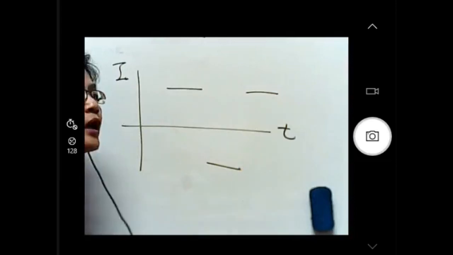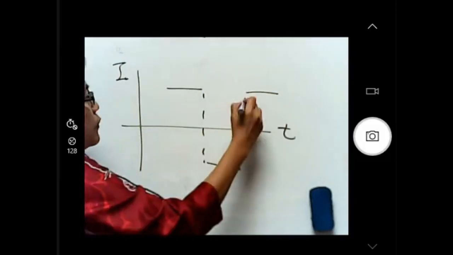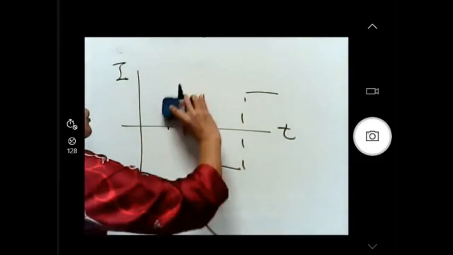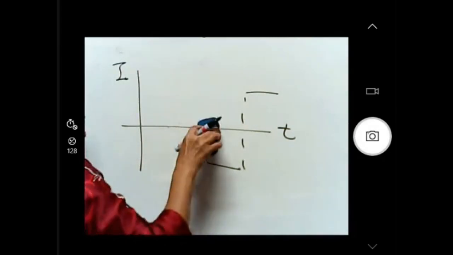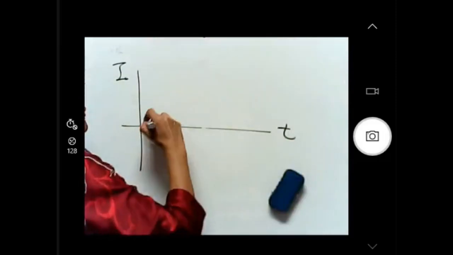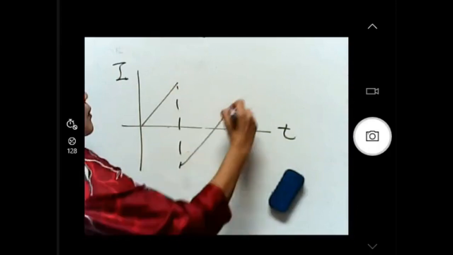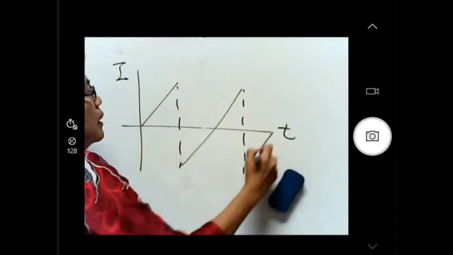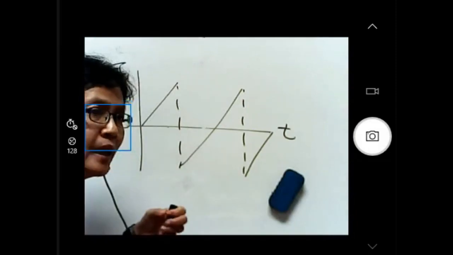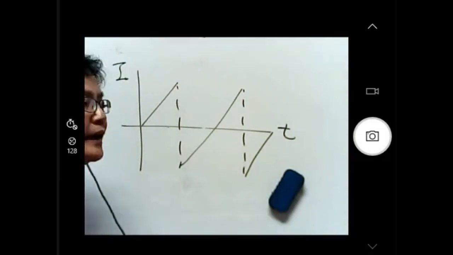See, it can be recorded as a square wave, or it can also be recorded as a saw wave. But its pattern is repeating the same pattern.